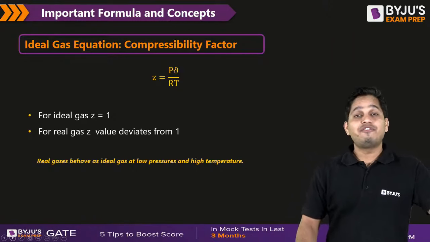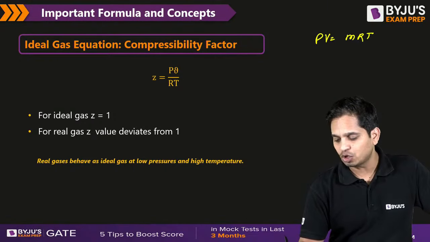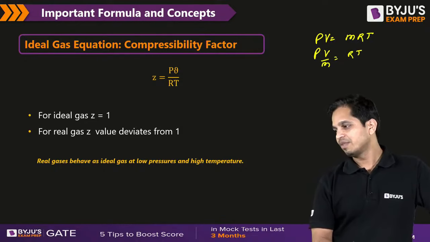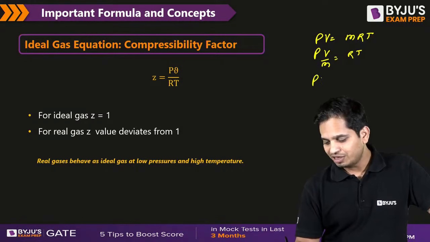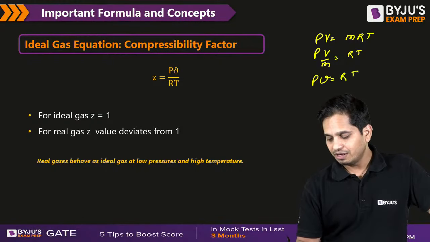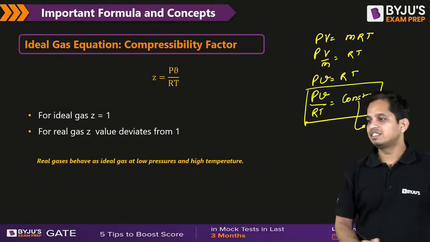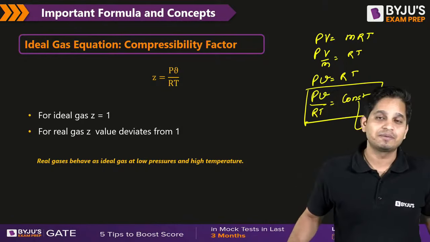What is compressibility factor? I know that PV is equal to nRT, the ideal gas equation. Now with specific volume, Pv is equal to RT. So Pv upon RT is equal to some constant, and this constant is the compressibility factor.